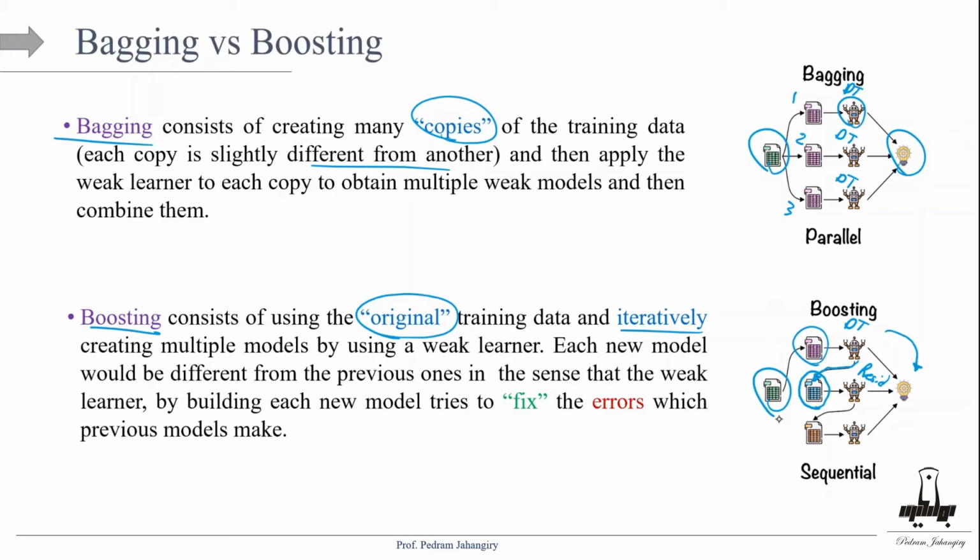We use another weak learner on those errors to fix them. Whatever part is fixed, we pass to the outputs. Whatever is not fixed, we pass to the new data set, which is the residual of the previous step. We repeat this process sequentially until there is a stopping criterion or we are satisfied with the outputs, and all of these contribute to the final output, the prediction. That's the idea of boosting.